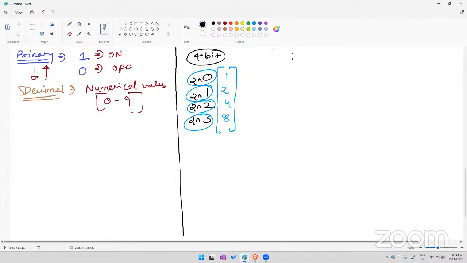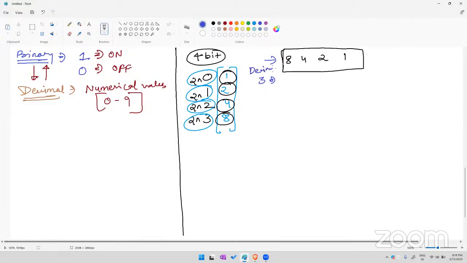Now, create a box. In this box, put the higher value first: 8, then 4, then 2, then 1. This helps to do decimal to binary. For example, if you receive the decimal value 3, how do we convert it into binary?